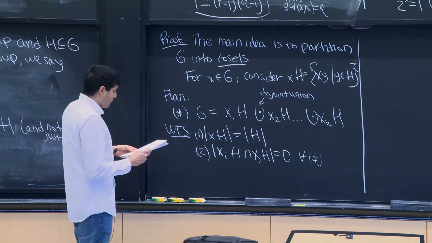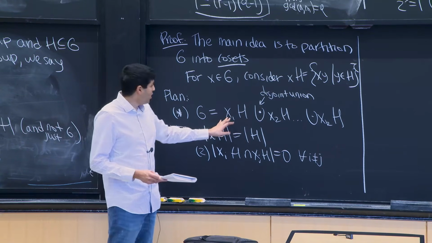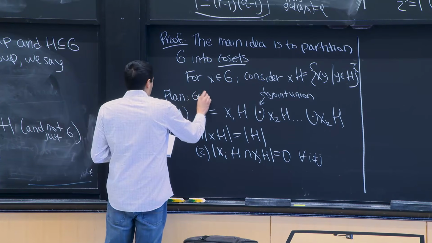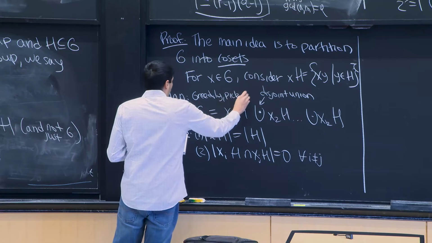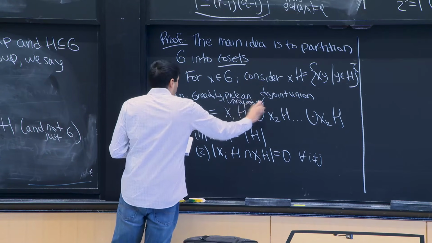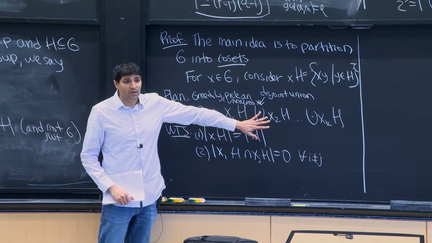So in fact, we're going to have a very simple plan for how to generate these xi's. All we're going to do is greedily pick an uncovered xi. So I start off before I've built up a single coset. I have nothing.